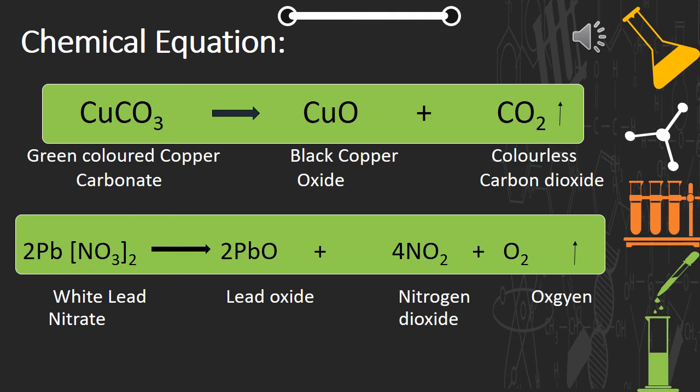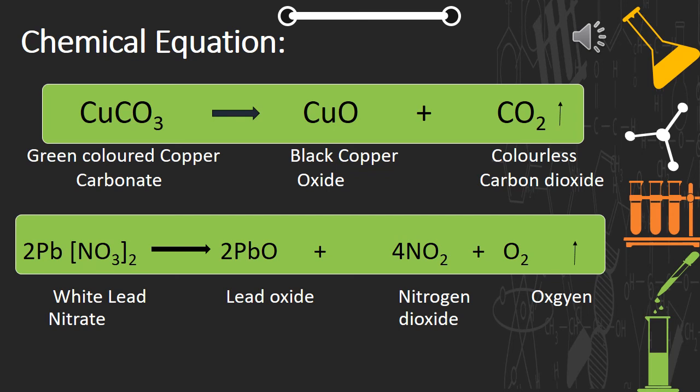So here white lead nitrate, its formula is Pb(NO3)2, and that NO3 is the nitrate group. So this 2 goes for both nitrogen and oxygen, so it is outside the bracket. So this is the formula for white lead nitrate, or say lead nitrate.